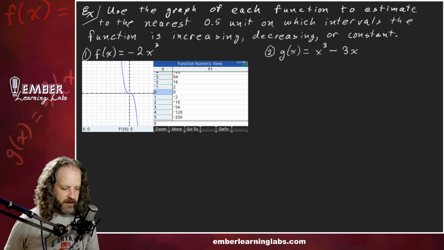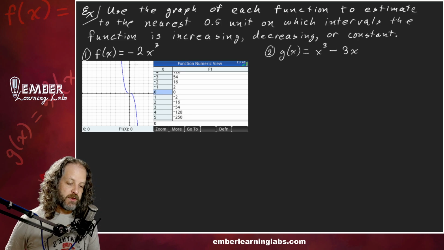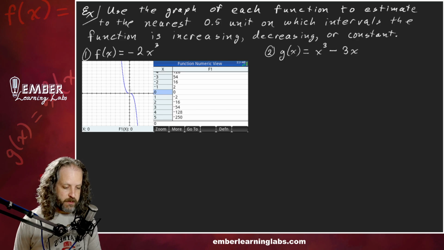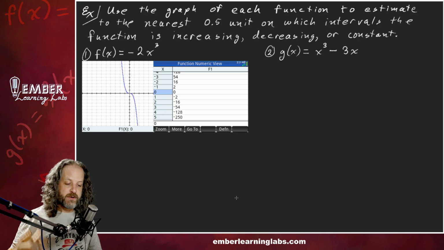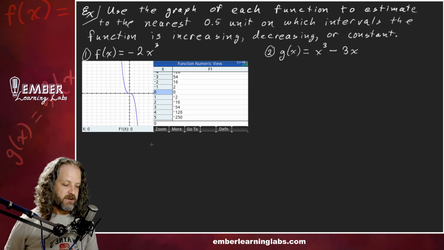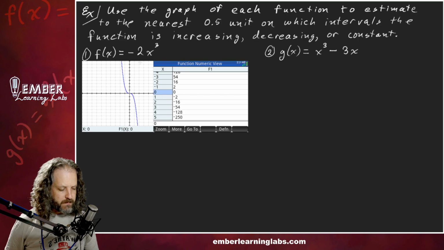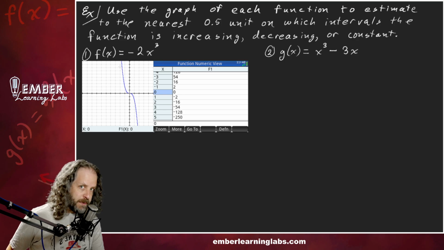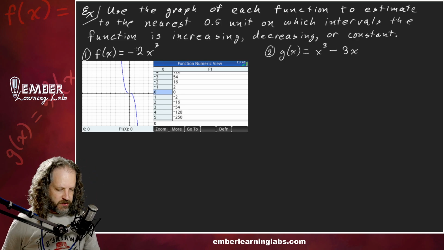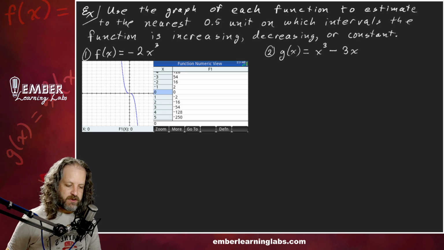On this first one, I went ahead and made a picture of what the graph would look like. So if we graph this, it's a cubic function, a negative cubic function. If you have your cobwebs dusted off from Algebra 2, you might have been able to look at this equation and figure that out, right? And so that's what the picture looks like. Now, we would look at the picture first and see when this graph is increasing or decreasing or constant.